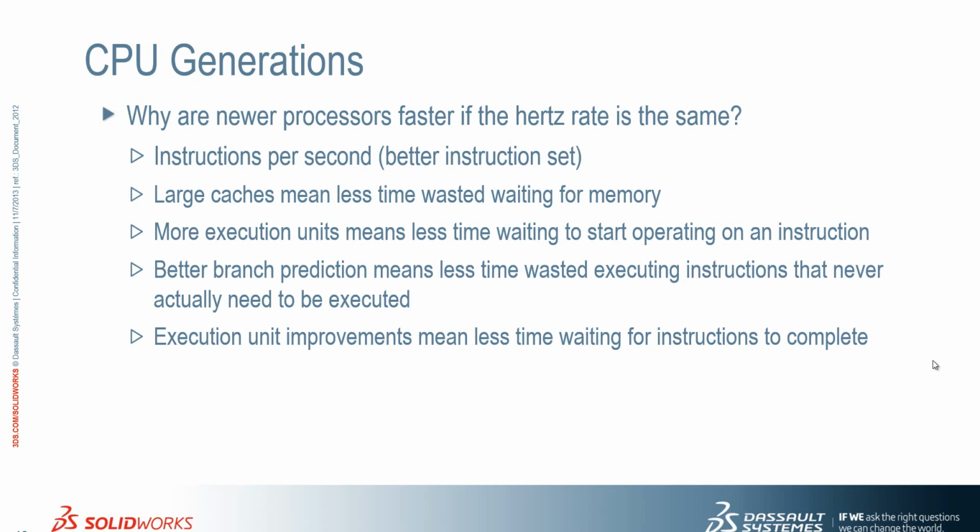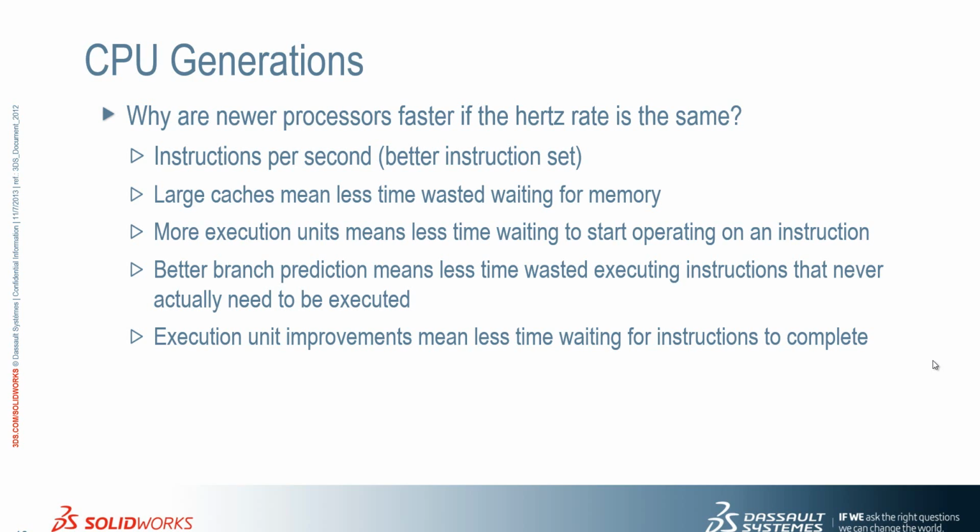They have larger caches on them, so cache is like a buffer. It's a very, very fast set of memory that sits between system RAM and the actual CPU itself. It actually sits on the CPU. There are different levels of cache on the CPU, and it's incredibly quick.